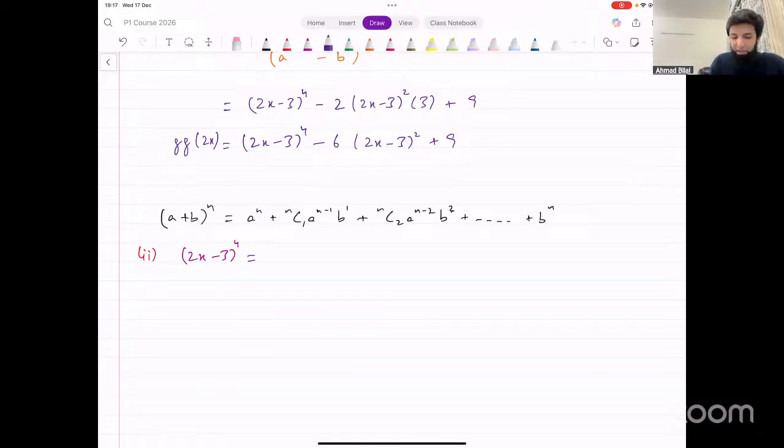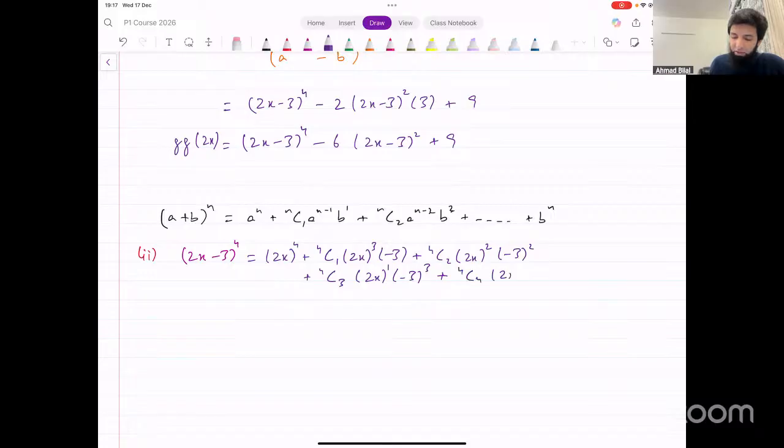Let's expand this. a raised to power n, that's 2x whole raised to power 4, plus nC1, that means 4C1, into 2x whole raised to power 3 into minus 3, plus 4C2 into 2x whole raised to power 2 into minus 3 whole squared, plus 4C3 into 2x whole raised to power 1 into minus 3 whole cubed, plus 4C4 into 2x power 0 into minus 3 raised to power 4.